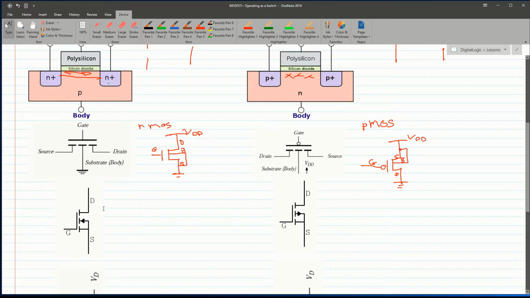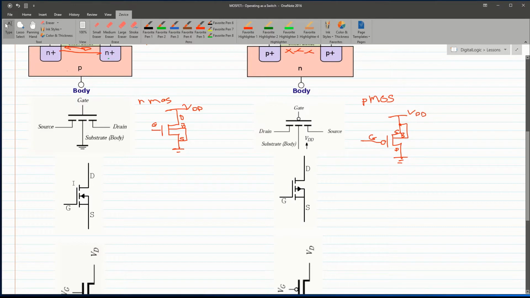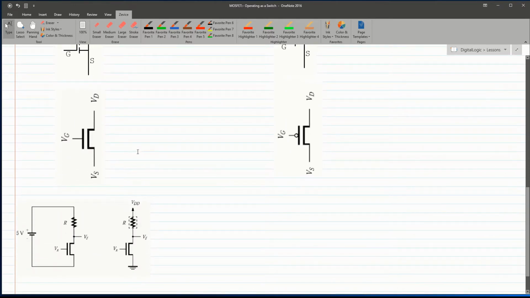So this is where you might see in schematics, for example, and also a representation like this. We tend to draw them like this. So we've got our gate, we've got our drain, we've got our source. That's connected generally to ground, and this is connected to VDD, which is our power source to drive it.